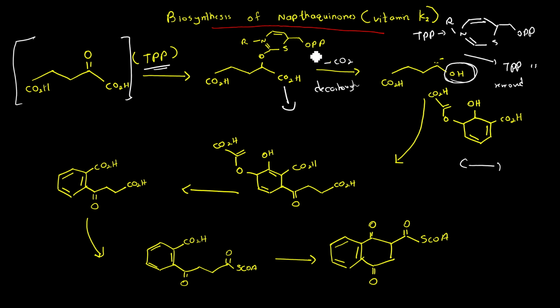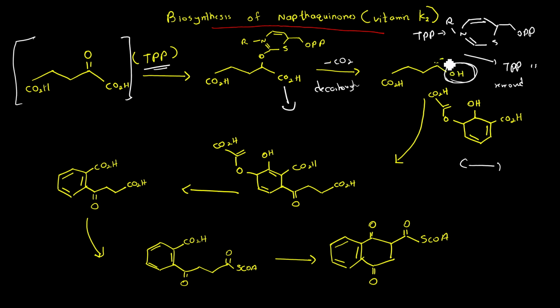Basically, the function of TPP is as a protecting group. It protects this carbonyl and these other groups to avoid reactions. Now the TPP is removed, and we have a nucleophilic group in this place. TPP has introduced a nucleophile here.